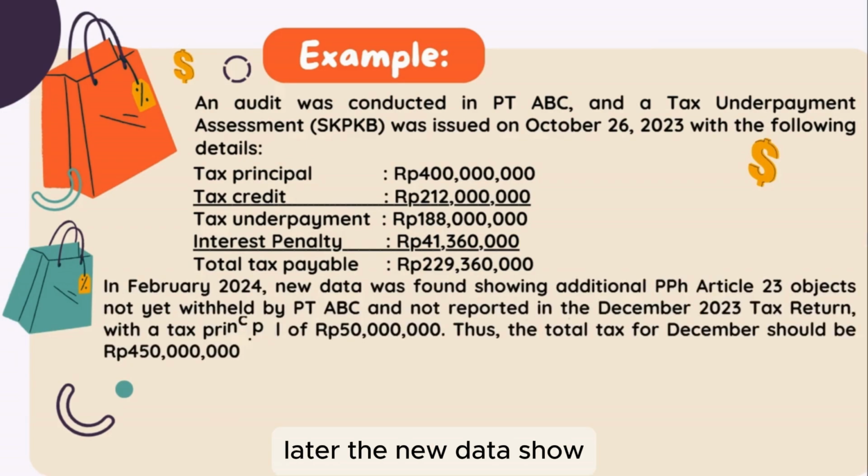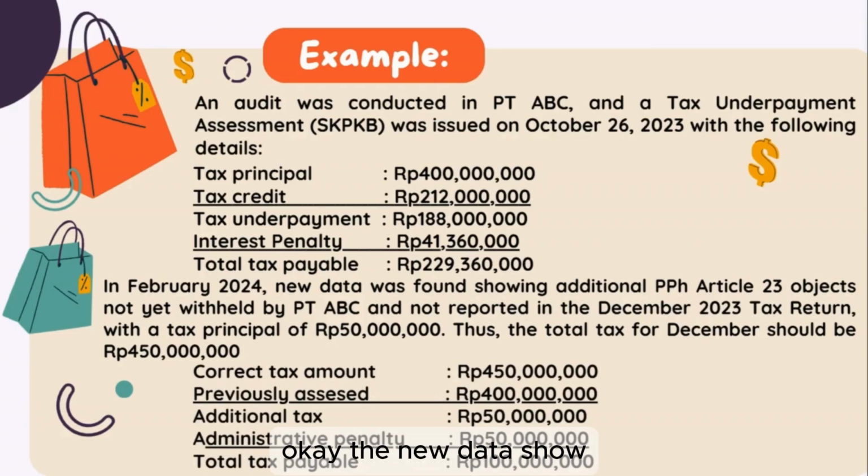Later, the new data showed an additional 50 million rupiah of tax that should have been reported. This additional amount received a 100% penalty, right? The penalty is also 50 million rupiah. When both are added, the taxpayer must pay 100 million rupiah in additional tax.